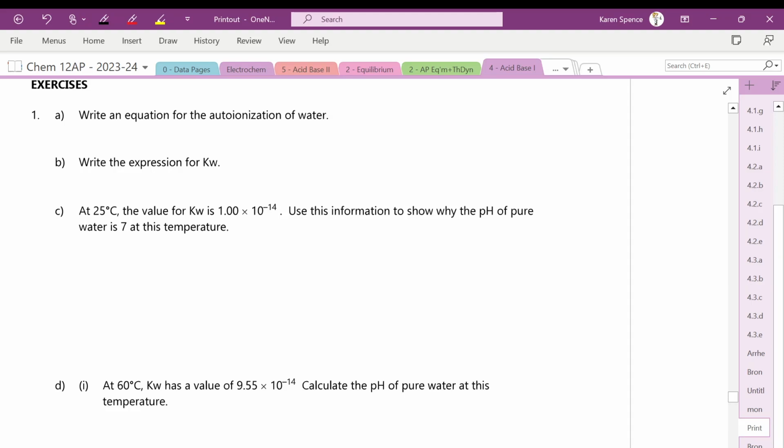Wait, why? So how can you find H3O plus in pure water? Oh, right, okay, there's more, okay. Okay, okay.